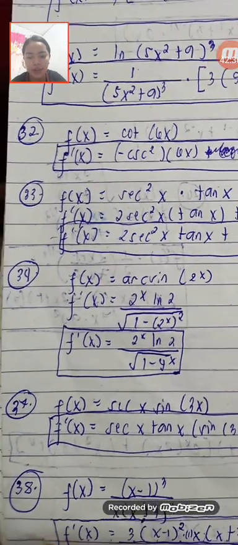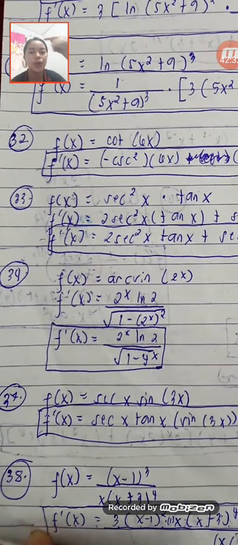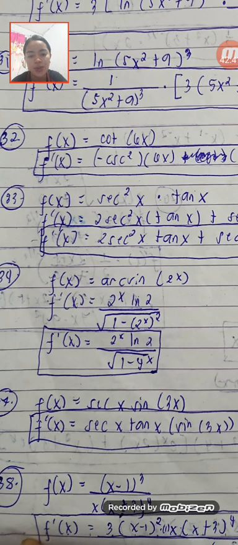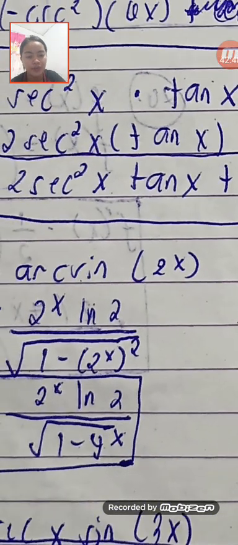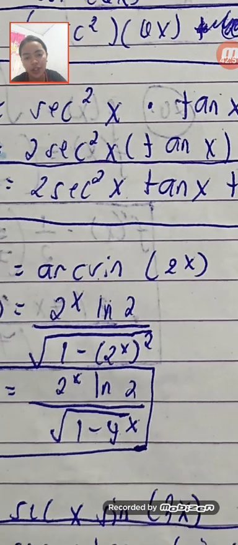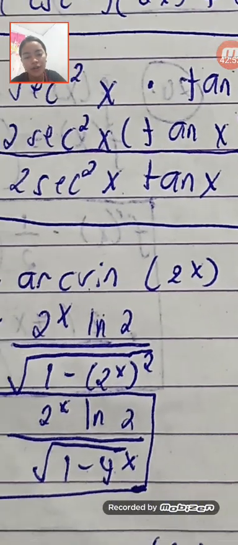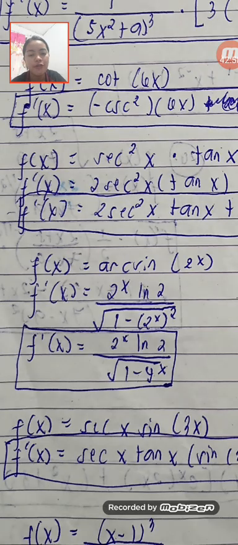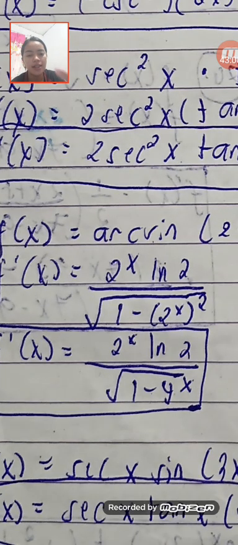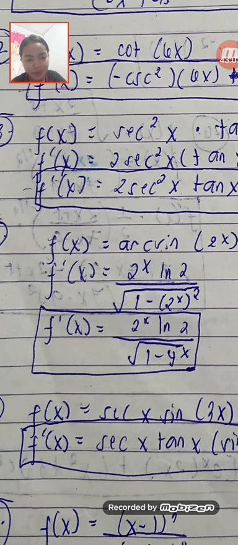So for item number 34, arc sine. Always remember the formula in getting the derivative of the arc sine. The derivative of this is 2 raised to the power of x ln 2, because according to the rule of our exponential function, the derivative of 2 raised to the power of x is 2 raised to the power of x ln 2, over the square root of 1 minus (2 to the x) squared, because this is the formula of arc sine.